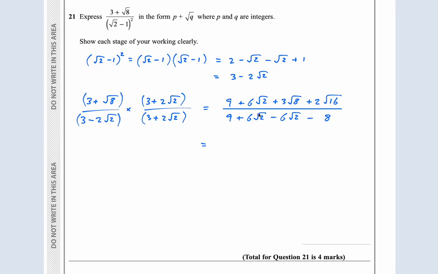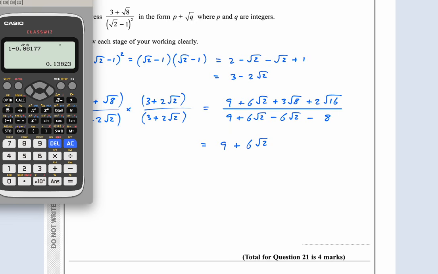Then we're nearly finished, guys, here. So this becomes 9 plus, this is 6 root 2. Now 3 times root 8, guys, and look, I'll show you. You can actually use your calculator for some of this. 3 times root 8, which is what 3 root 8 is 6 root 2.